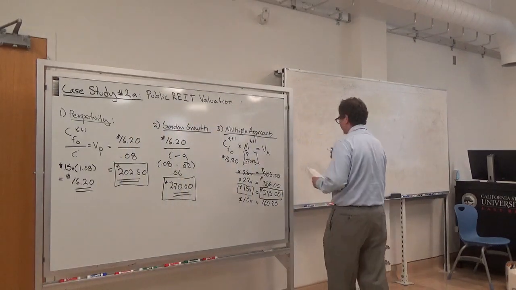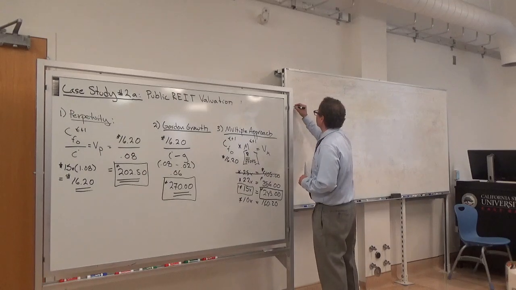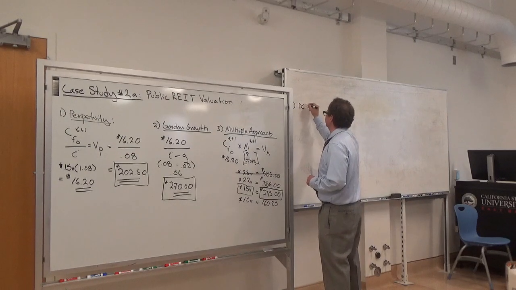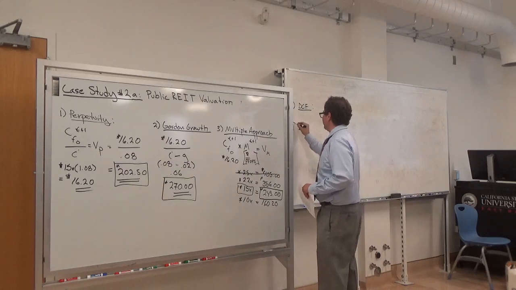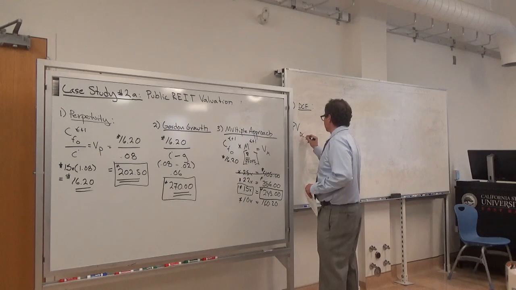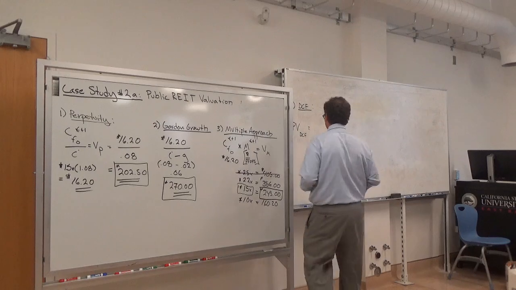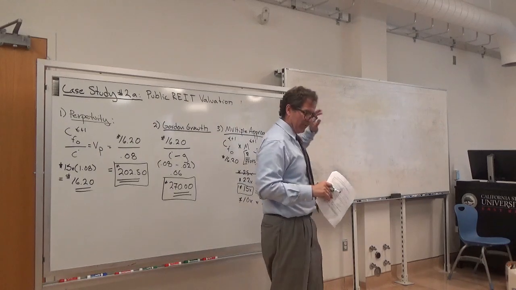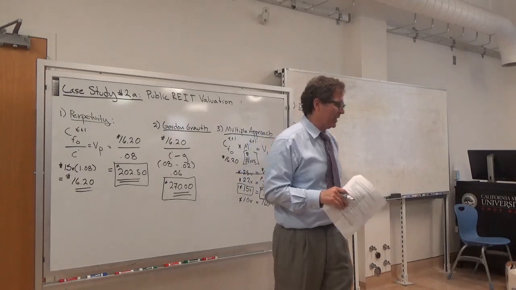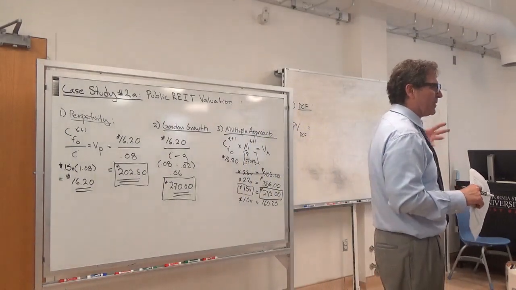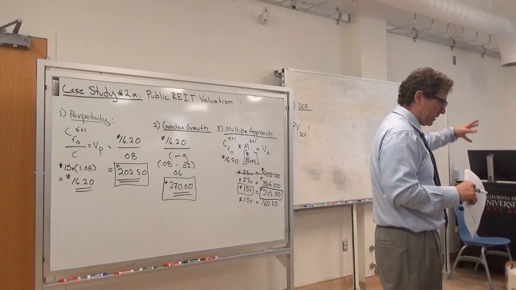What's the next method? Yeah, DCF. What's the first thing that I need to know? Before I start, I need something first. If I'm going to set up the structure of the discounted cash flow methodology, what's really the first thing I need to know?